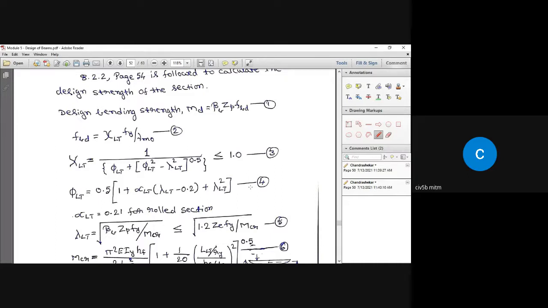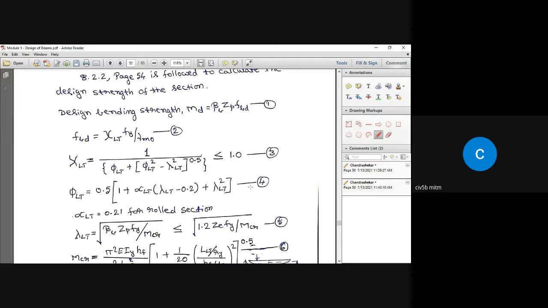Once you have f_bd, again go up and substitute it in the above equation to find M_d, the design strength of the laterally unsupported beam. Compare that value with the design bending moment. That M_d value, the design bending strength of the section, should be greater than the design bending moment caused by the design load coming on the beam. That is the way we are going to check.